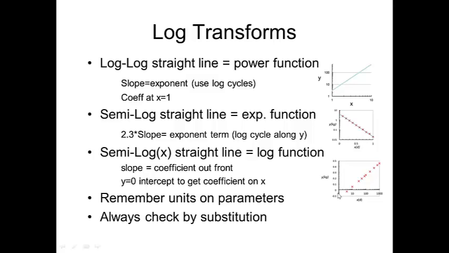There's another coefficient that multiplies x within the log function, and we get that by determining the place along the x-axis where y equals 0, and that coefficient is 1 over this value.